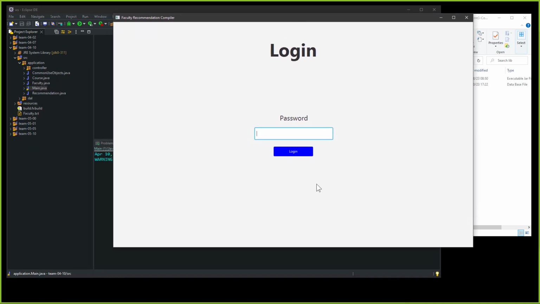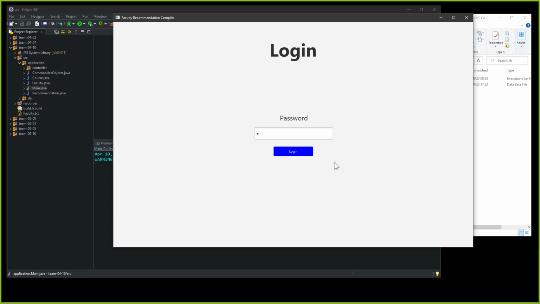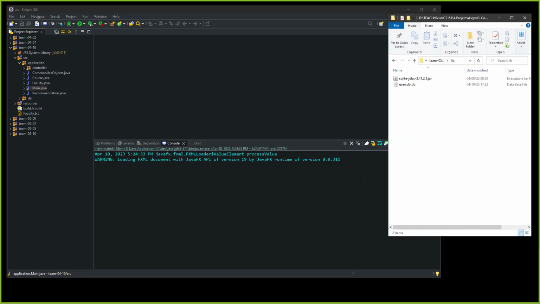Let me run the application and show you that they really follow the requirements. So, since I already ran that P, if I put P here, that would be wrong, because I already used it. Let me figure out how I can reset that.